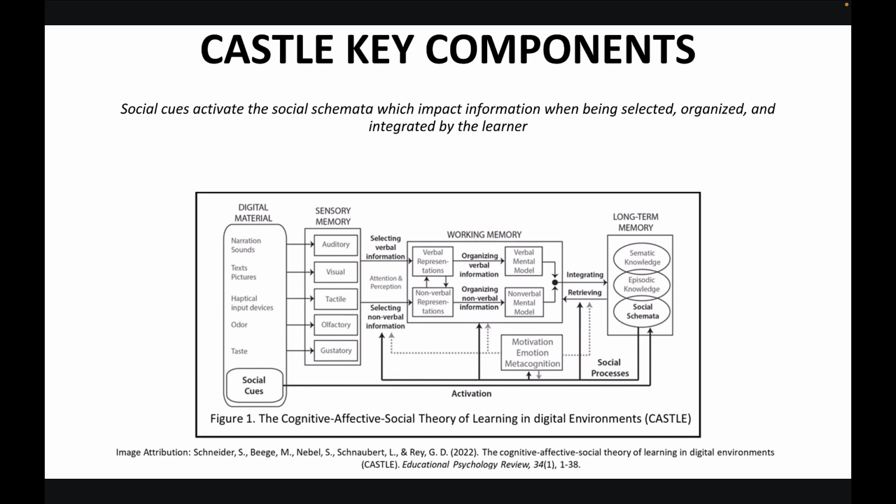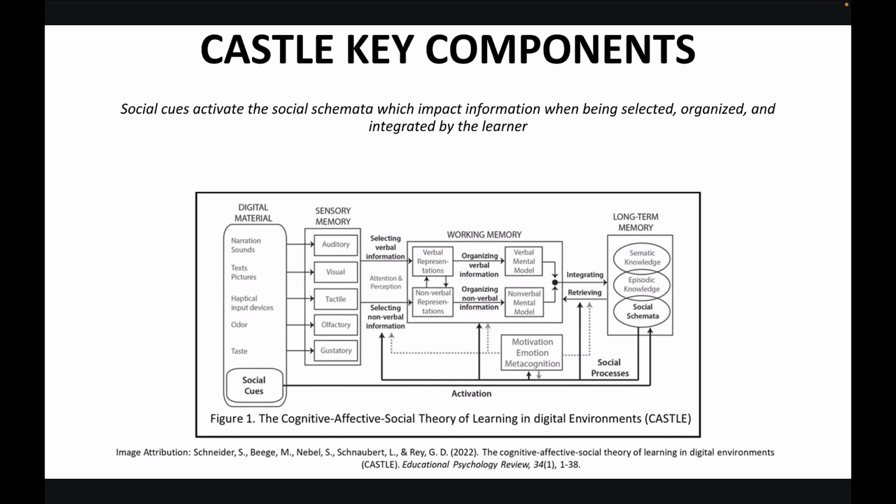Similar to the CTML, there is the sensory memory, working memory, and long-term memory. These still go through the process of selection, organization, and integration or retrieval, except as you see here, sensory memory now includes sounds, pictures, tactile, smell, and taste.